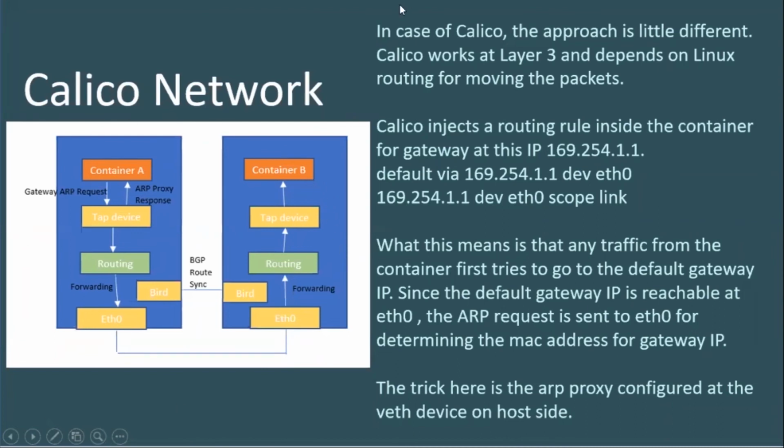So it will directly start routing the packet. So this will be faster than Flannel. Calico is faster than Flannel because it uses the BGP protocol to exchange the route information. This is one simple differentiation between these two networks.